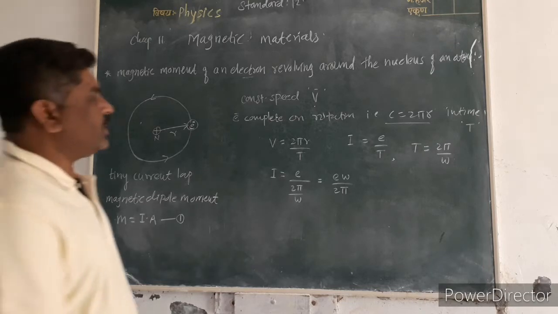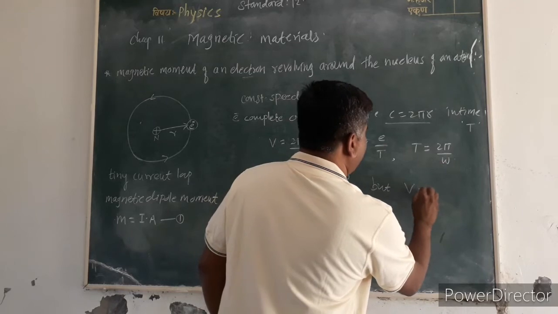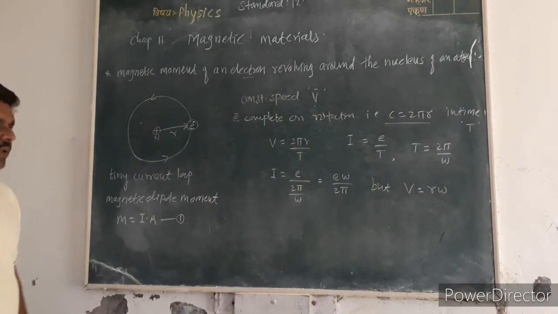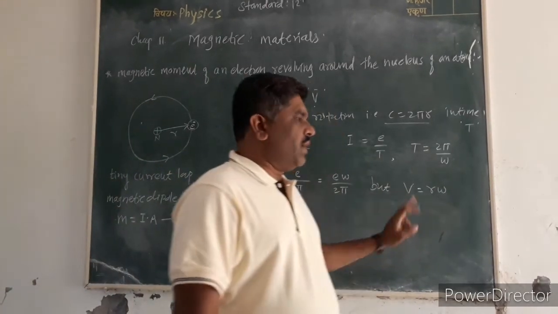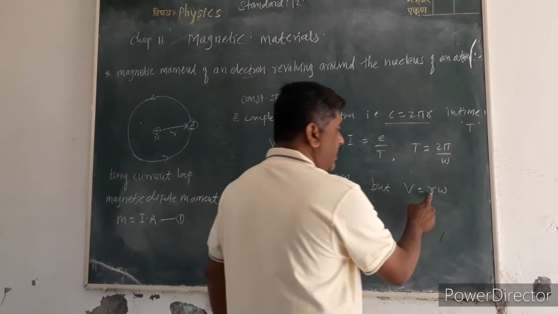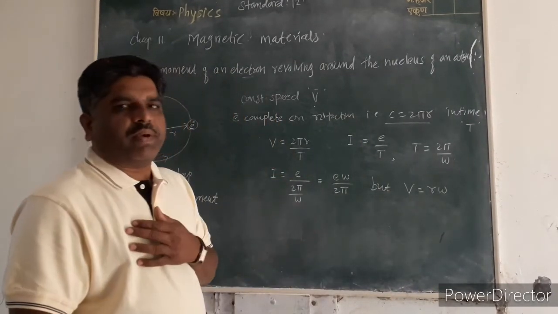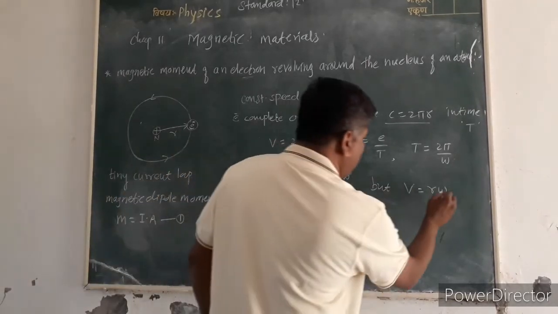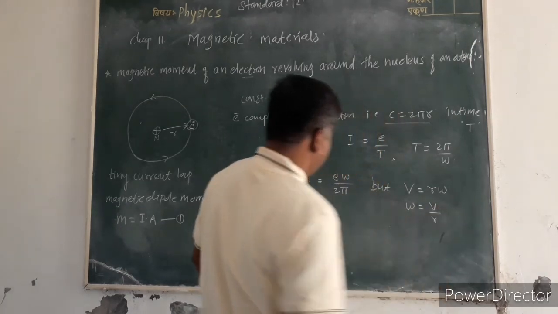But we know the relation from the first chapter, rotational dynamics, v is equal to r omega, where v is linear velocity, r means radius, and omega means angular velocity. This is the relation between linear velocity and angular velocity, or the value of omega is v upon r.